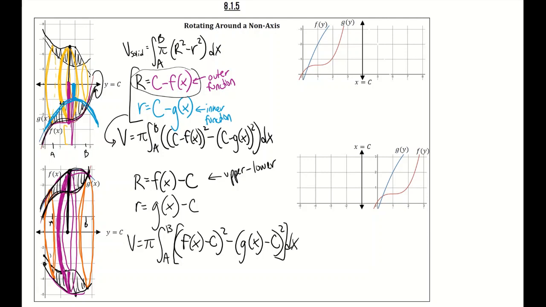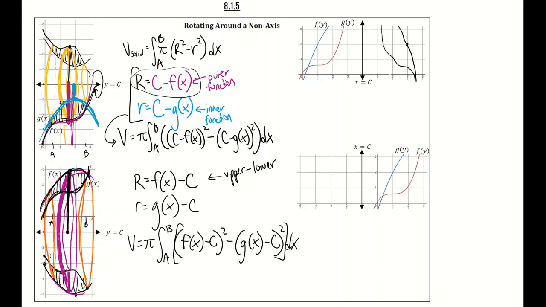All right, when we are rotating around x equals c, so now we're rotating around a vertical line. That's terrible, but I'm just going to leave it. 1, 2, 3 units away.